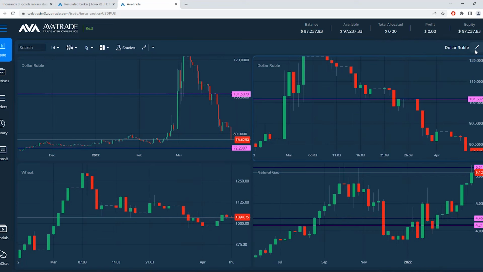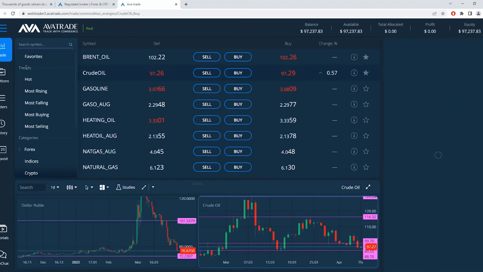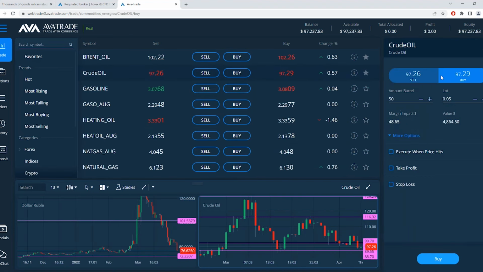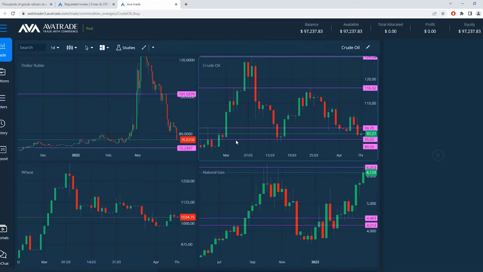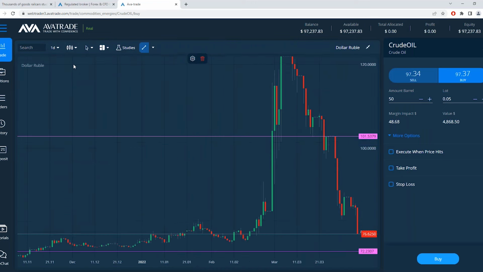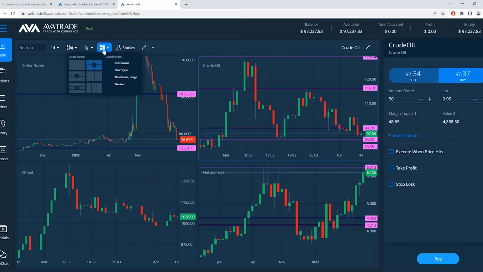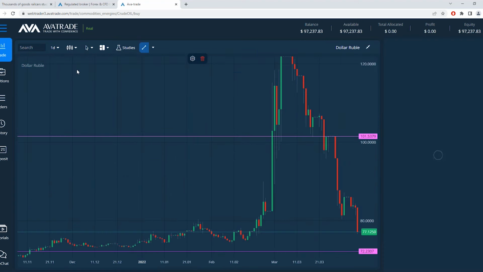And let's bring up the crude oil order window as well. Okay, and we'll switch to crude oil only on the view. Whatever you click on last will be in the single view.